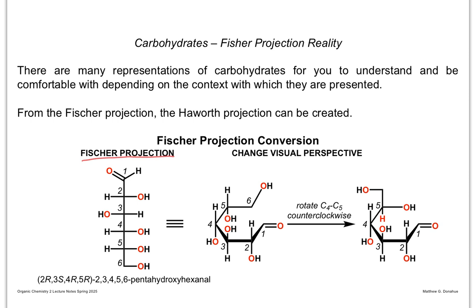The first thing we have to do is take carbons 4 and 5 and do a rotation. So I'm going to rotate that hydroxyl group that's down and stick it in the plane with the aldehyde. So I'm going to rotate that way.